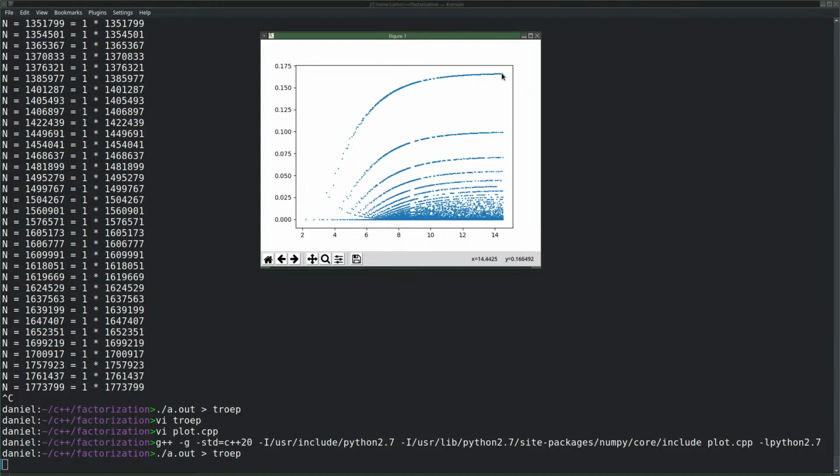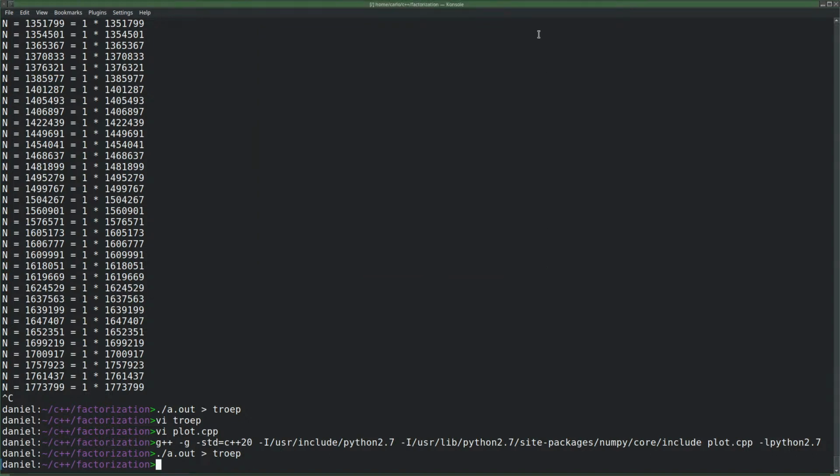Now we want to zoom in on this, so that is larger than 0.1. That should be pretty good to get the top one.